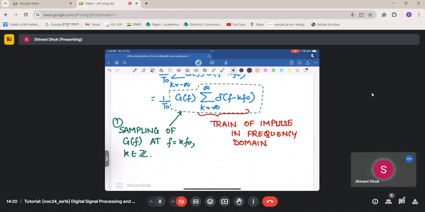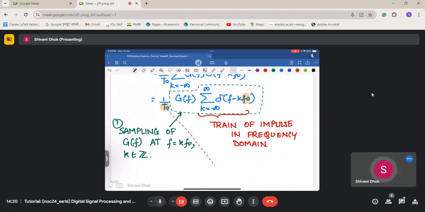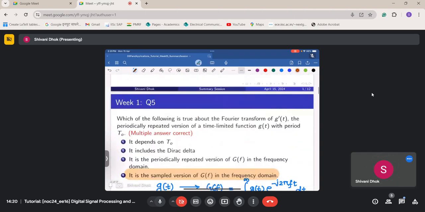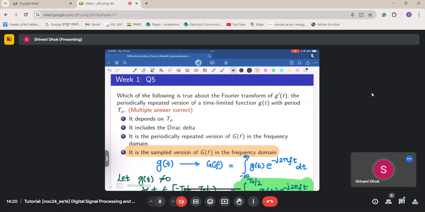Here we have T naught, and also this f naught is 1 by T naught, which clearly implies that it depends on T naught, and therefore this first option is also true.